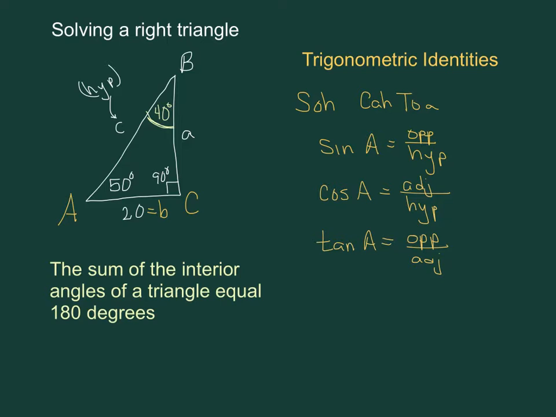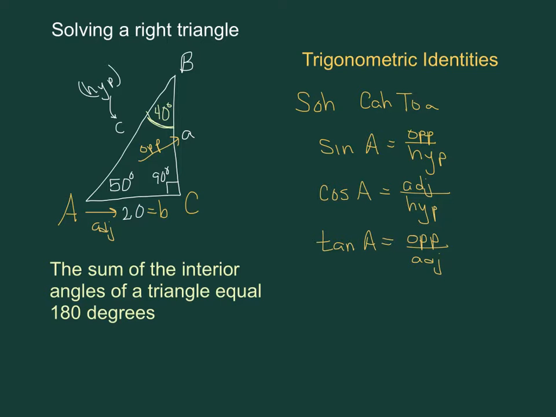So what does this all mean in terms of the triangle? If A is the angle I'm looking at, this is the opposite for angle A, whereas this side right here is the adjacent side to angle A.